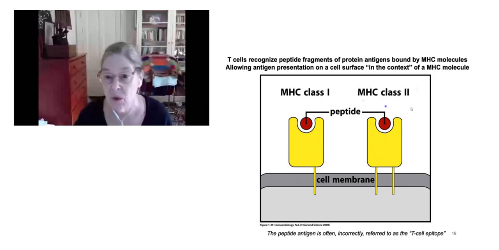And the same thing will happen for class 2 MHC for a helper T cell. The T cell receptor will bind to the surface, and the CD4 will double check and make sure it's the right class of MHC, and then go, let's do this, and they'll signal that way.